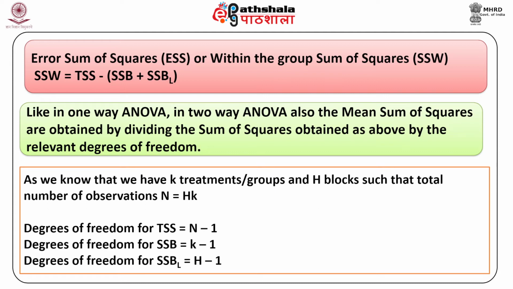Like in one-way ANOVA, in two-way ANOVA also, the mean sum of the squares are obtained by dividing the sum of the squares obtained as above by the relevant degrees of freedom. As we know, if we have k treatments or groups and h blocks, such that the total number of observations n, which is capital N, is equal to h into k, the degrees of freedom for the total sum of the squares is equal to n minus 1, degrees of freedom for SSB is equal to k minus 1, and degrees of freedom for SSBL is equal to h minus 1.